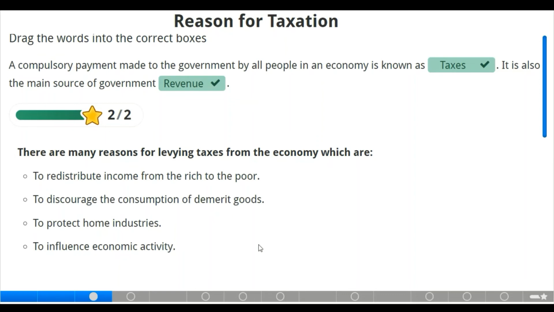Of course, higher income groups usually pay more tax than the poor, and also to discourage the consumption of demerit goods. Of course, to discourage harmful goods like cigarettes or alcohol. They also levy tax to protect home industry and also to influence economic activities. Now we move to the next slide.